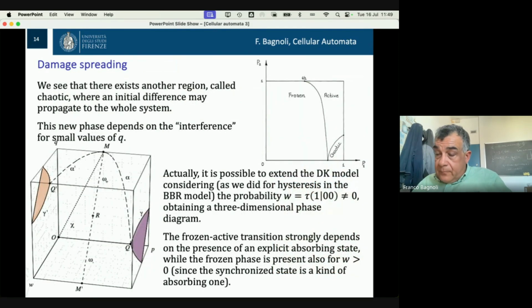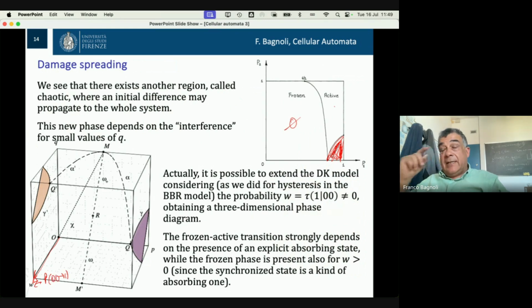And if you look at what happens in the Domany-Kinzel model, you see that this is the 0 and this is the active state, but not all active states. In not all active states can the damage spread, only in this small region. And you can also extend the model with a different value. This is the probability of having 0, 0 into 1.